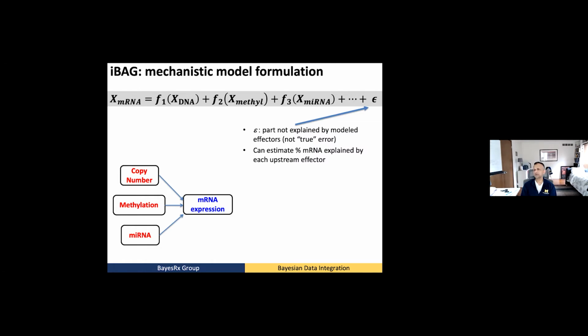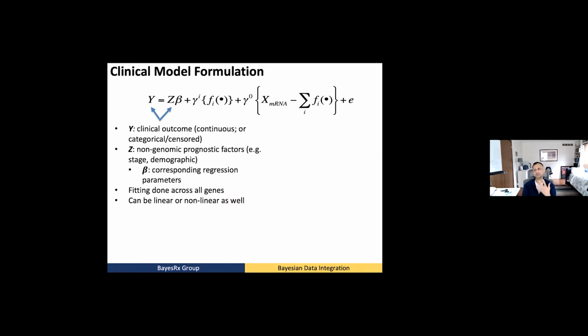When we do it on a gene by gene basis, it gives me an individual specific metric or a number that can be used to translate to the clinical model. So we are not explicitly accounting for that heterogeneity in the mechanistic model, but that's a really good point to think about, to incorporate not only in the clinical model, but in the mechanism model itself. Right. And it could differ by stage. When I get to the second part, I think we're doing it in a different manner, but not here.